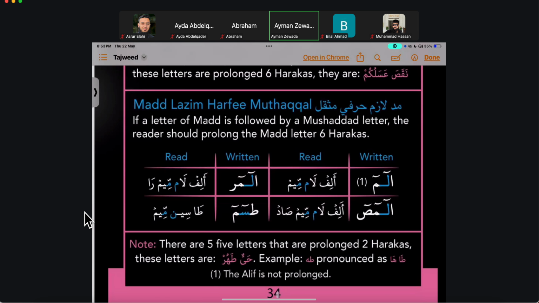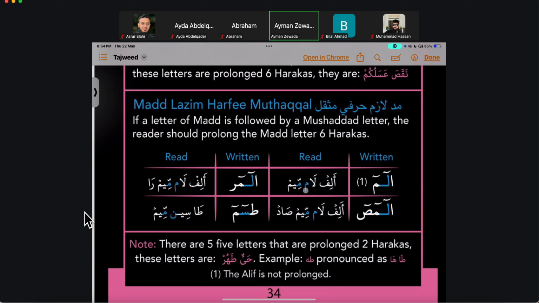For example, over here we have the beginning of Surah Al-Baqarah: Alif, Lam, Mim. And here we have them written out the way you would pronounce it: Alif, Lam, Mim. Now notice the Mim here is mushaddad.